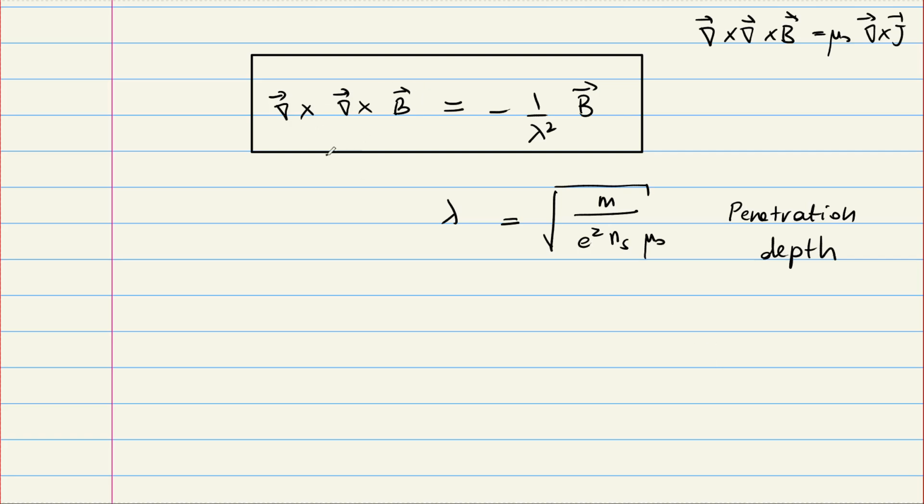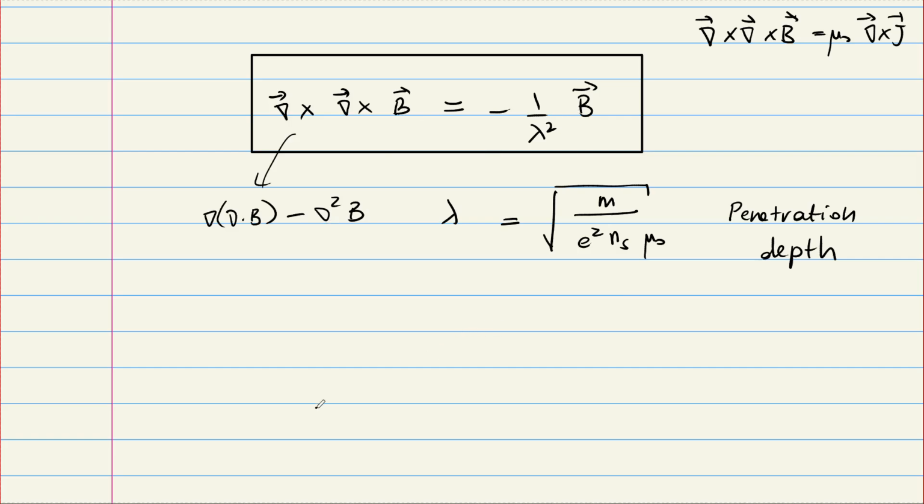And what this equation says, we can think about a simple geometry. So you can, for example, open this up, del dot B minus del squared B, and del dot B is always 0. So you have the Laplacian of B equal to B over lambda squared, and we can think about solving this equation in the simplest geometry.